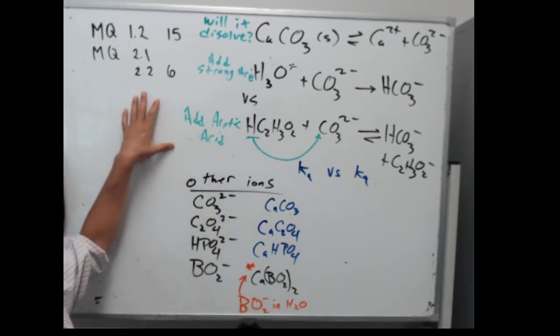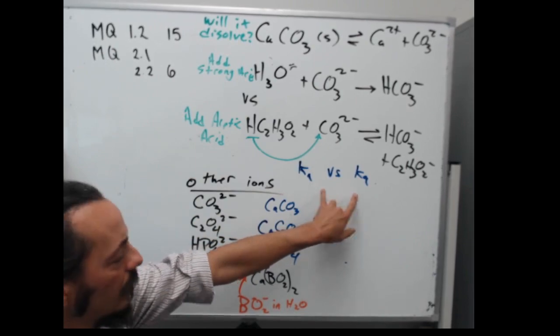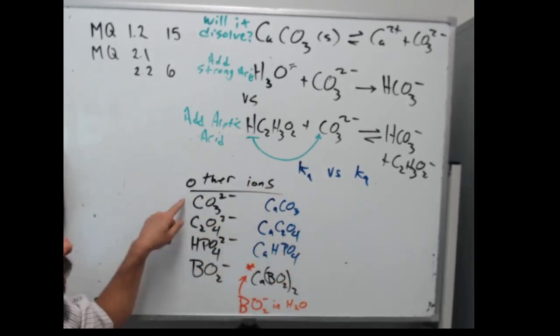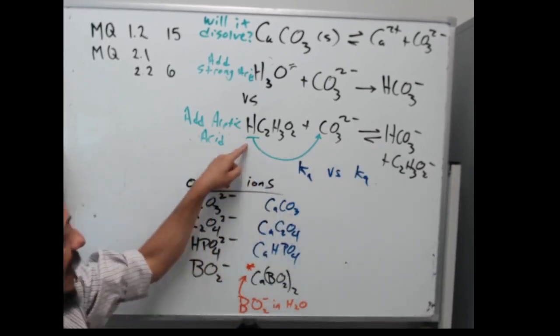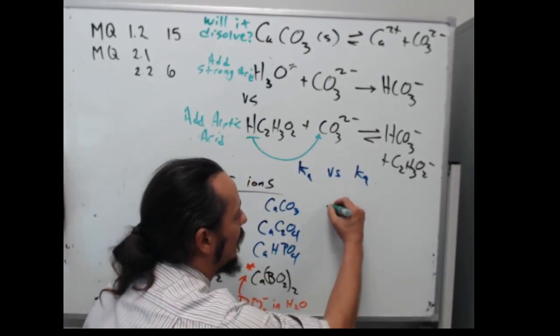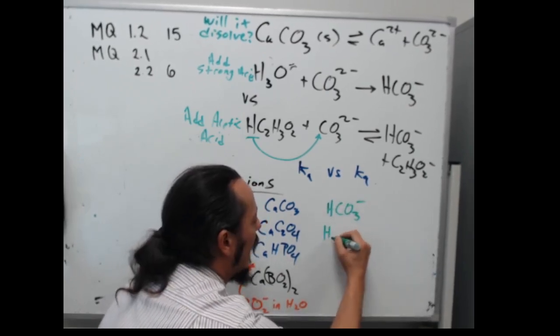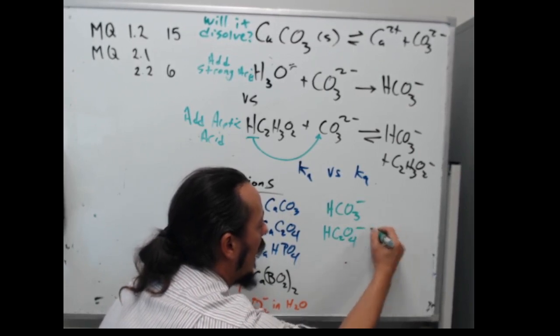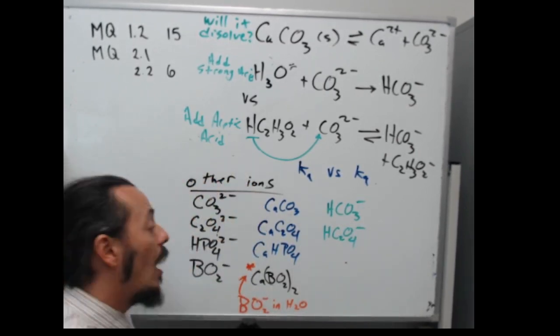With the weak acid, it depends on this difference of Ka's. Is acetic acid stronger than the hydrogen carbonate, HCO3-? Is acetic acid stronger than the hydrogen oxalate?